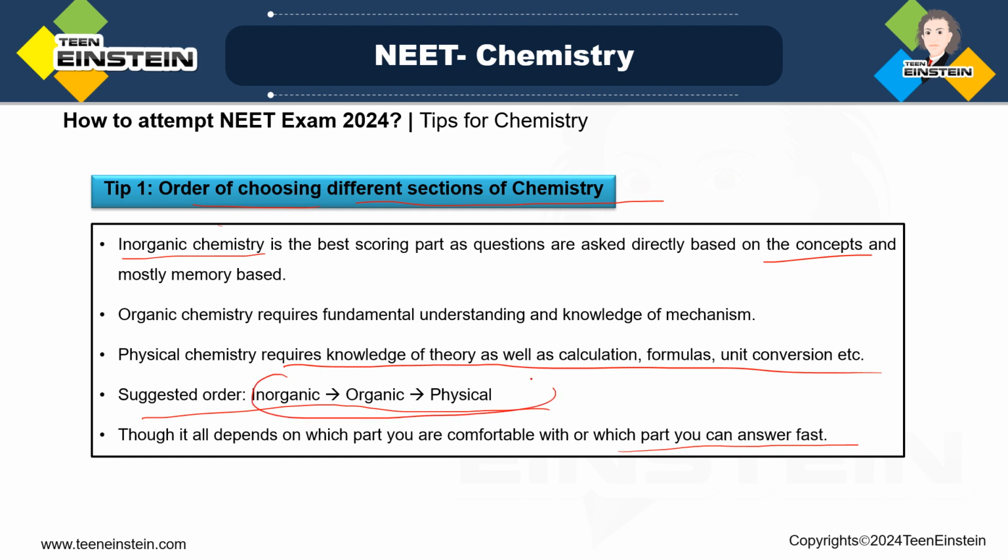Just follow this order. If you find that it is suitable for you, it is fine. But if you are more comfortable in physical and prefer calculations and formulas, then you can go for physical. Then you can do another mock test where you change the order. Just try to understand which order you are comfortable with. But here we are giving the suggested order based on these logics.